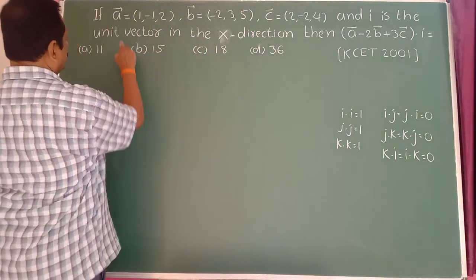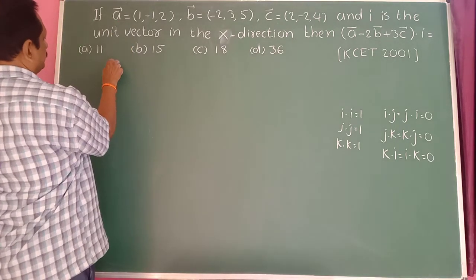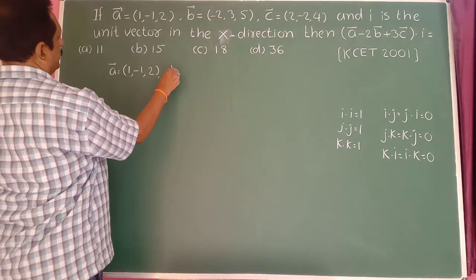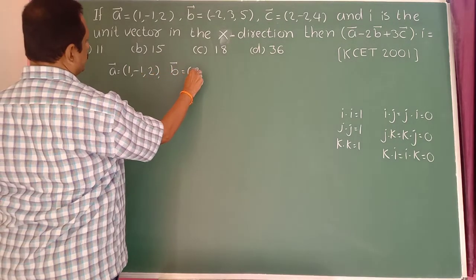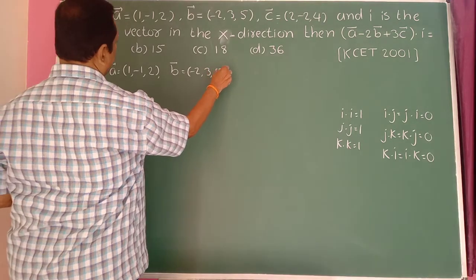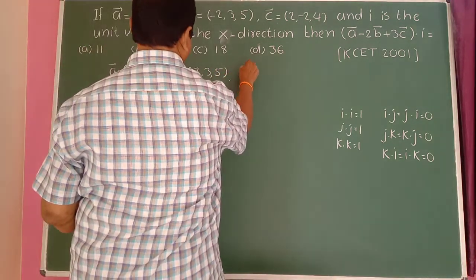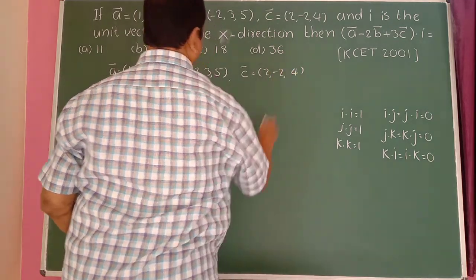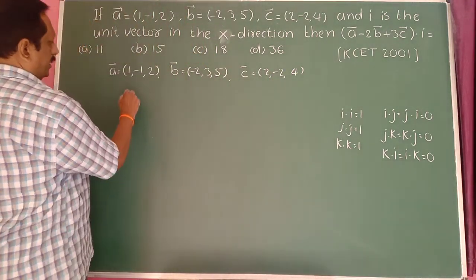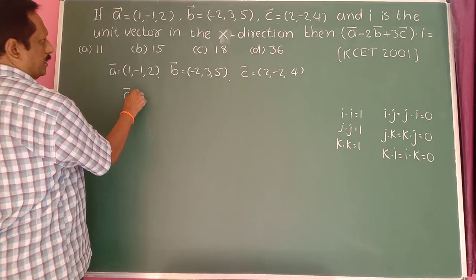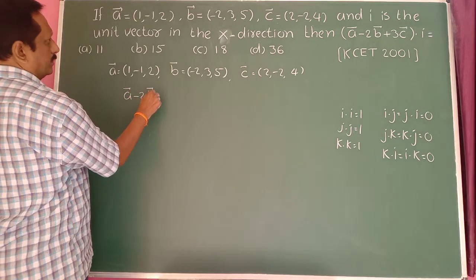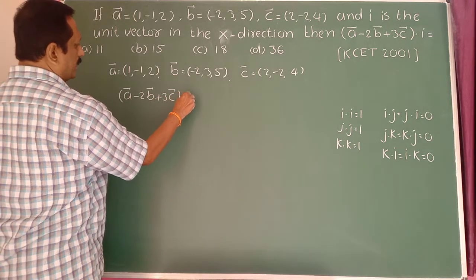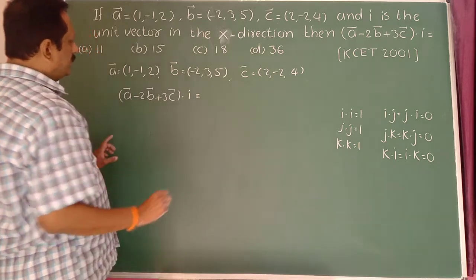So A bar is this vector: 1, minus 1, 2. Then B bar is 2, 3, 5. And the vector C bar is 2, minus 2 and 4. Then A bar minus 2 B bar plus 3 into C bar, dot i.